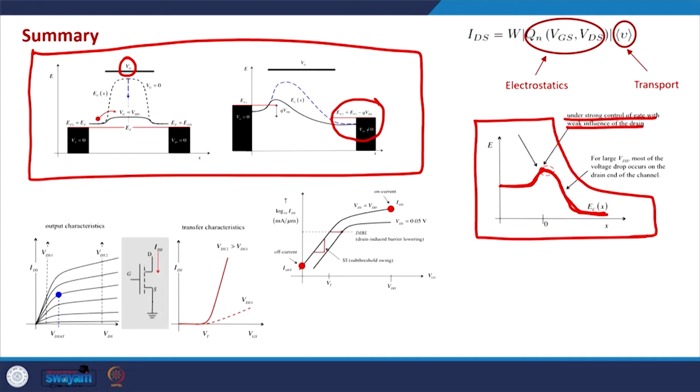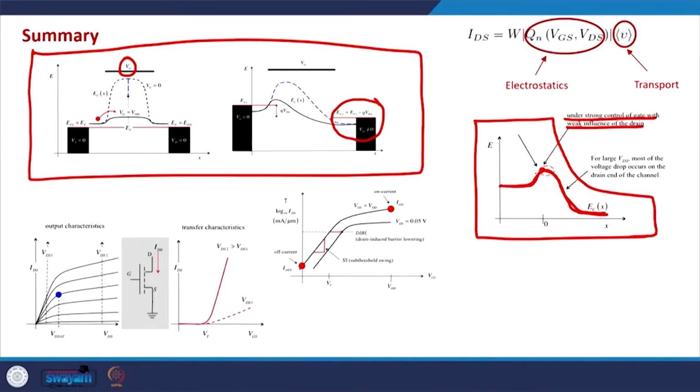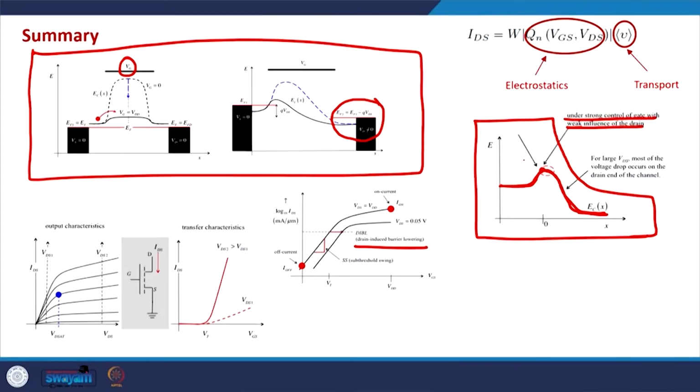And that is the essence of functioning of the MOSFET, because if this point is also under the influence of the drain voltage, in that case there would be a huge variability in the system, because this DIBL effect will be there and the threshold voltage cannot be properly defined just in terms of the gate voltage, and that is a scenario we do not want.